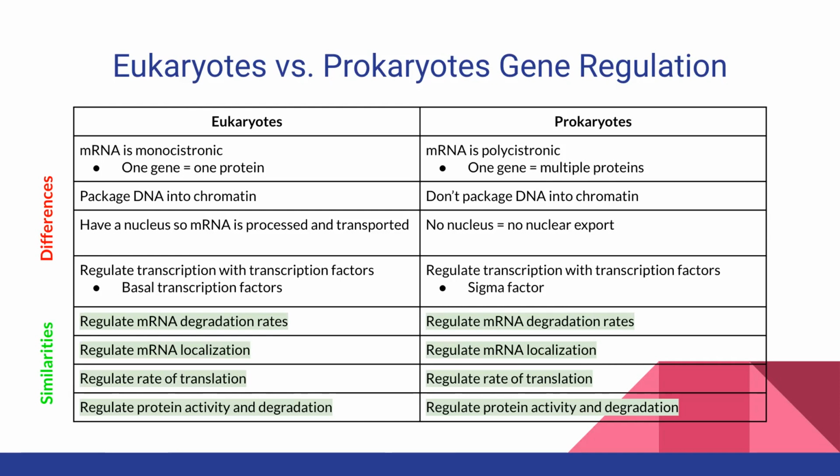But the main difference to note is that prokaryotes don't have a nucleus, so translation and transcription occur simultaneously, and that's why they don't necessarily have a poly-A tail or a 5 prime guanine cap, because they don't have to worry about leaving a nucleus, and there are also fewer nucleases that will try to degrade this mRNA.